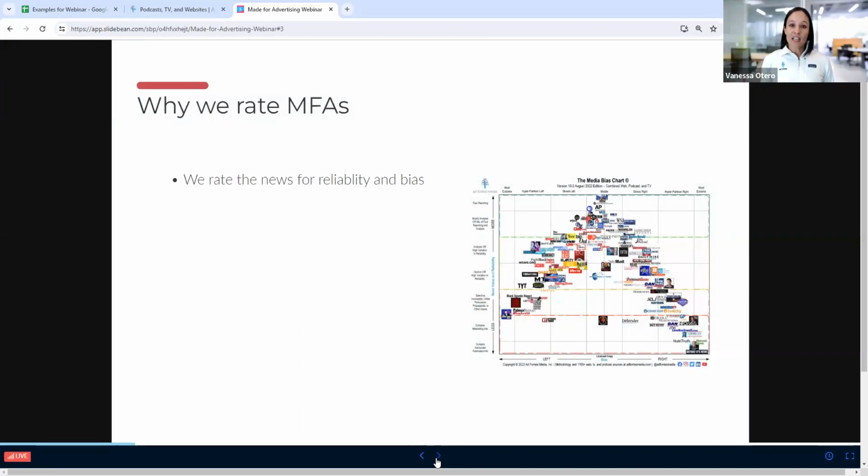And this very topic is closely tied to the mission of what we do, rating the news every day. I have a static image of the media bias chart, which you may be familiar with from seeing it on social media across the years. Our primary thing is to rate news sources for reliability and bias.